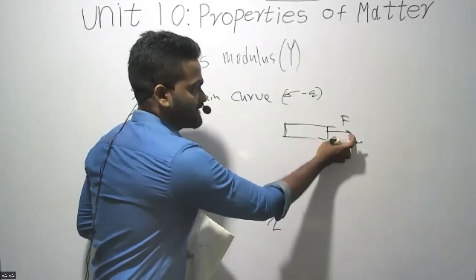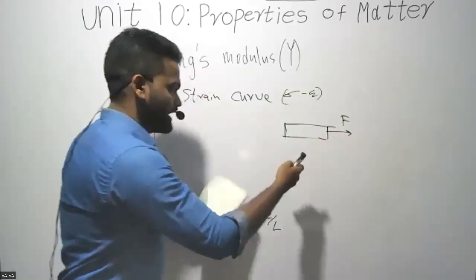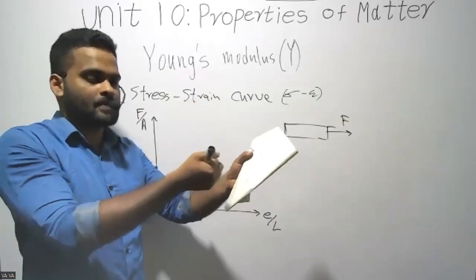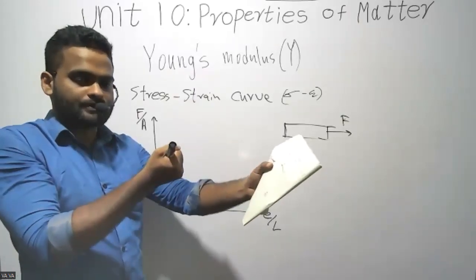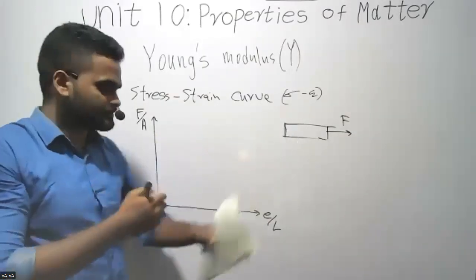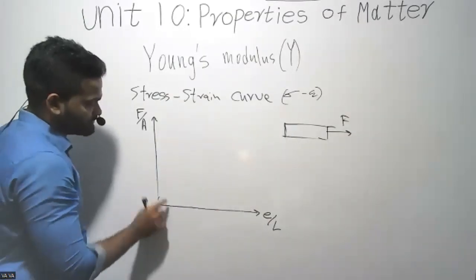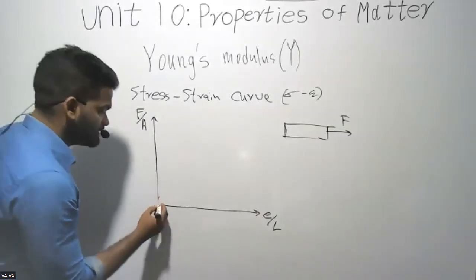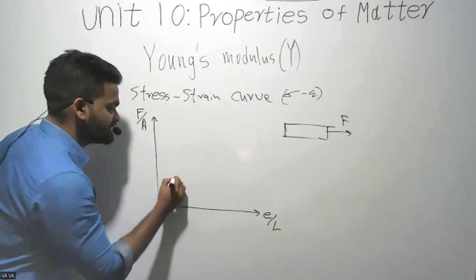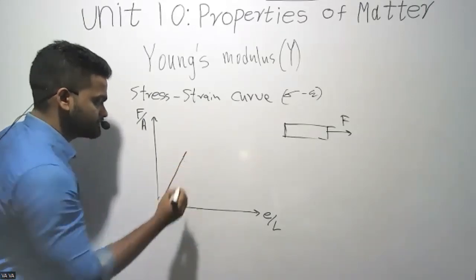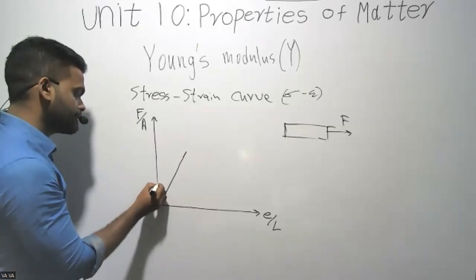Then it extends, right? As you increase the force, think about it like a spring. When you increase the force, e increases proportionally like this. So initially it is linear like this.